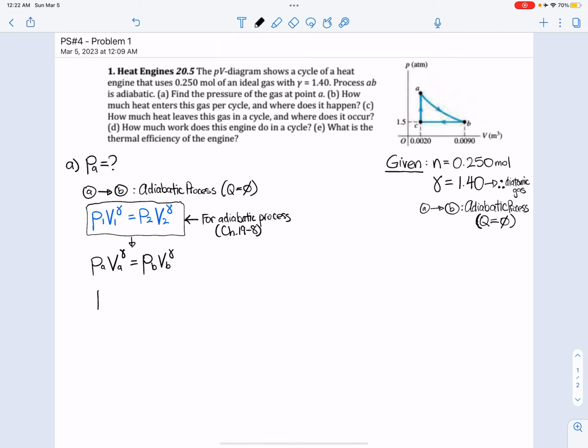So PA is equal to the pressure at B times the volume at B to the power of gamma, divided by the volume at A to the power of gamma.